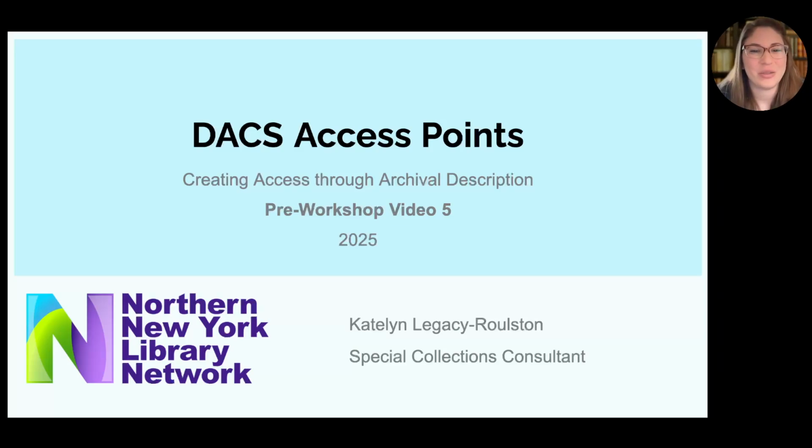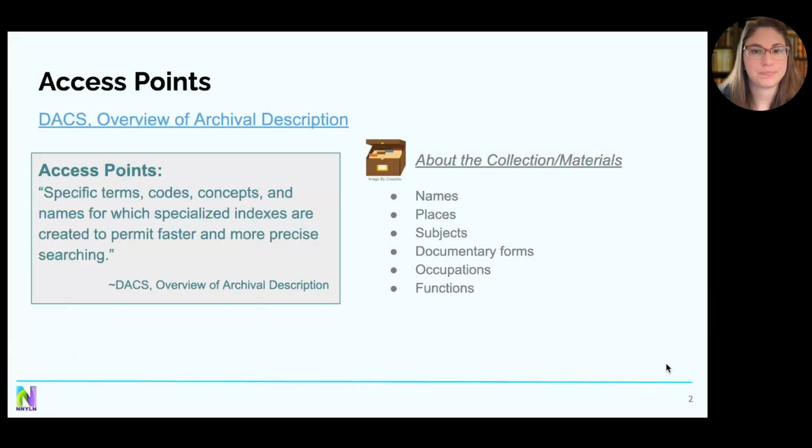Today we are going to be talking about access points as they are defined in Describing Archives: A Content Standard, or DACS. So let's dive right in. Access points are specific terms, codes, concepts, and names that come from specialized indices created to permit faster and more precise searching.